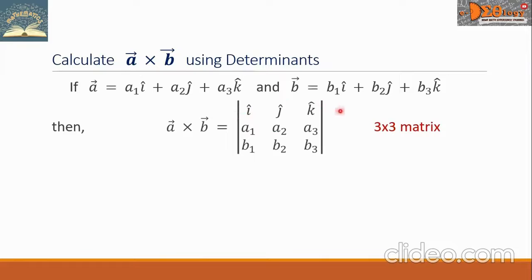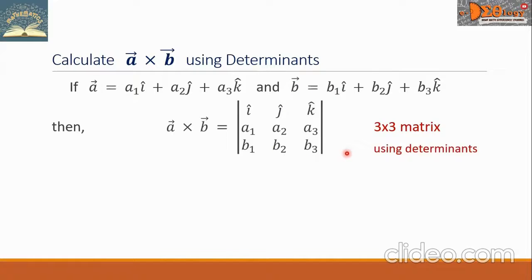The first row are the elements for the components i, j, and k respectively. The middle row are the coefficients of vector A: a sub 1, a sub 2, a sub 3. The last row are the coefficients for vector B: b sub 1, b sub 2, b sub 3.